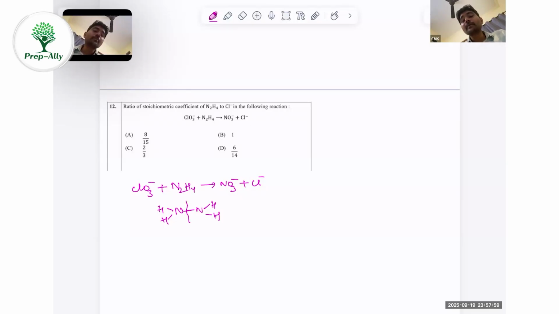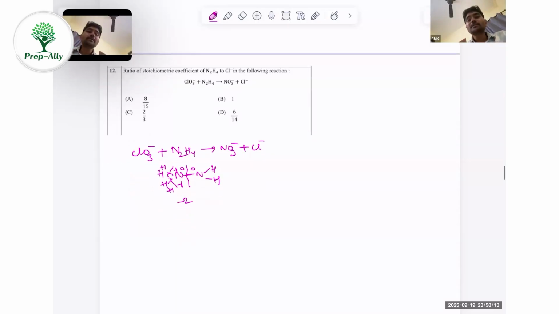If you break the bond between the same type of atoms, it gets 0 oxidation state. If you break this, +1, -1, +1, -1. So overall charge present on the nitrogen is -2. Each nitrogen is -2, overall is -4.